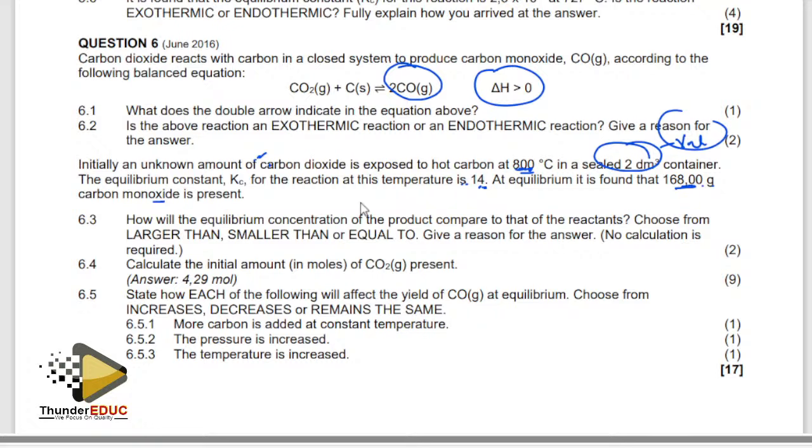Then they are saying, how will the equilibrium concentration of product compare to that of the reactant? Choose larger than, smaller than, or equal to. So what are you supposed to talk about here?